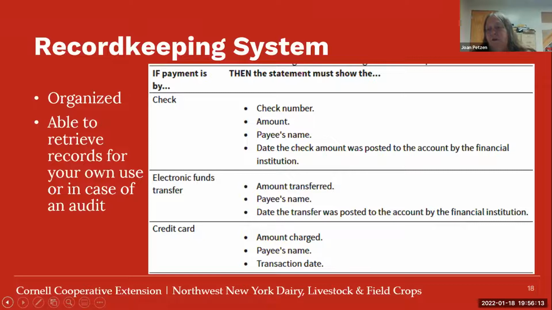In that world, we have fewer transactions and usually more traceable as far as the income source goes. And so that's the main difference between the two.